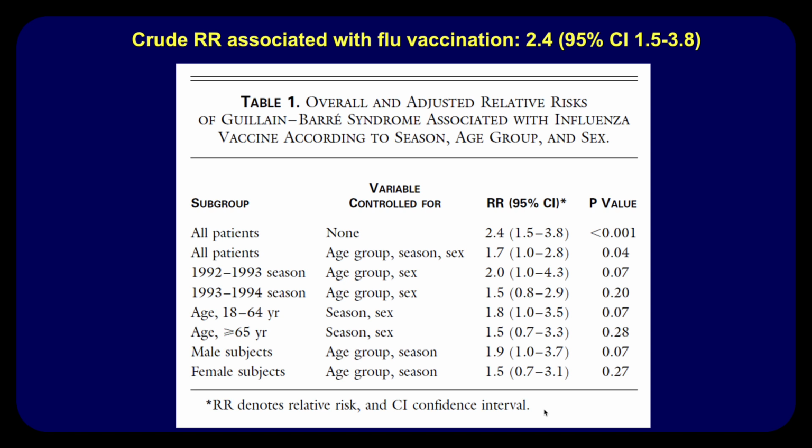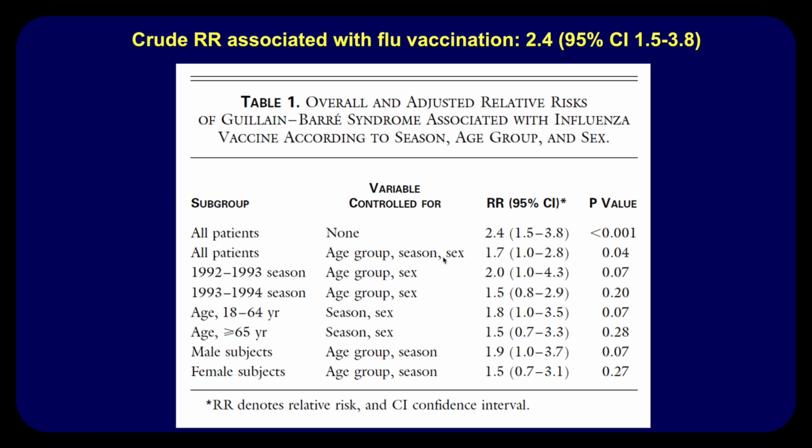And from that, we were able to generate Poisson models that looked at the rate ratio of having flu vaccination as it relates to the outcome of Guillain-Barré syndrome within 6 weeks of vaccination. And the overall rate ratio here in a crude analysis was 2.4.